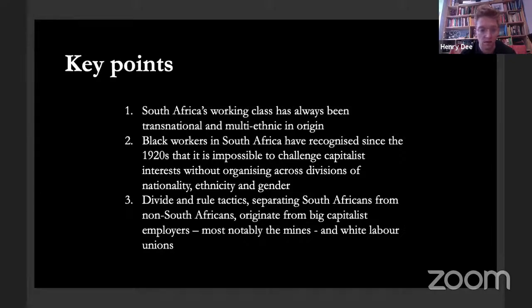And thirdly, trying to locate the origins of these anti-immigrant politics and divide and rule tactics, they really come from two groups. Big capitalist employers like the Chamber of Mines pushed this politics in the 1920s, but also the white labor movement, who pushed it from the late 1890s.